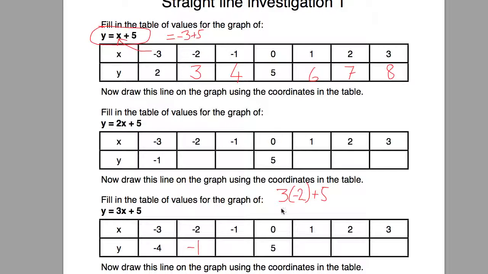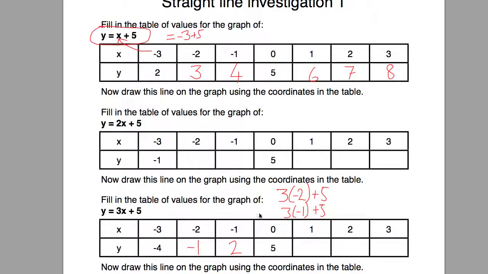We've got 3, and this time it's minus 1 plus 5, so that's minus 3 plus 5, that gives you 2. 3 times 0 is 0, so 0 plus 5 gives you 5.